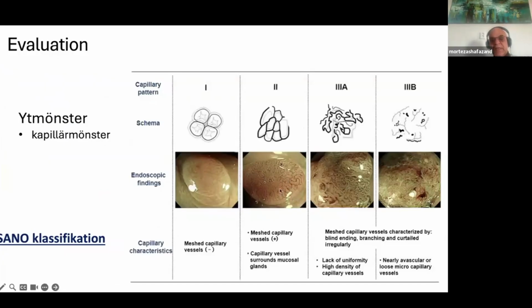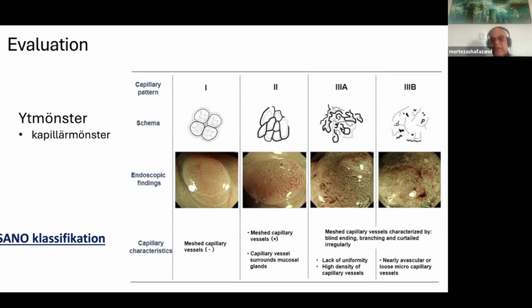You see here, this is the regular vessel pattern. The same size of vessel diameter, and the shape is very regular, homogeneous. You agree, right? So for me, this is a very benign lesion, low-grade dysplasia.